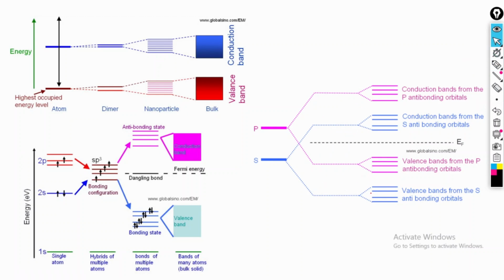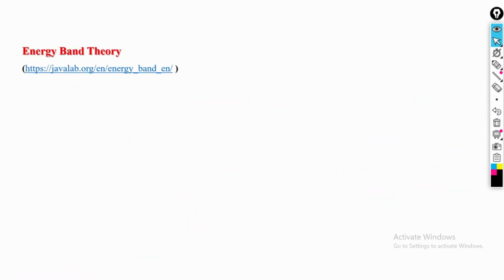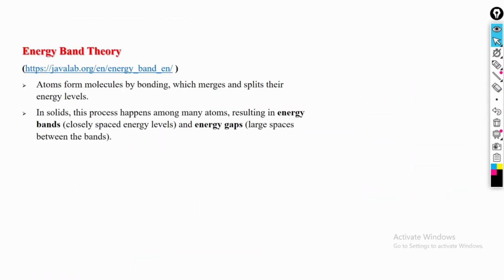Now on the basis of this band gap, we classify the materials into different natures. First, this is the theory behind energy band theory. Energy band theory says that single atoms form molecules by bonding, which merges and splits their energy levels, as we saw in the previous slide.